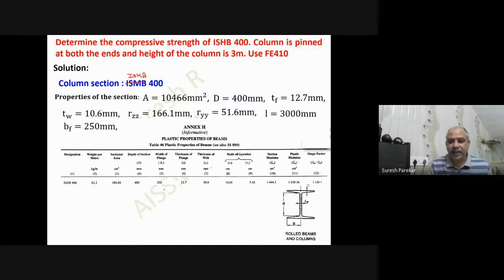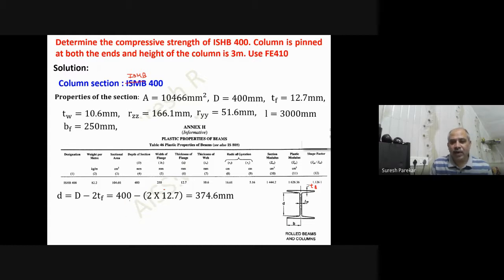Now you can see, to classify the section for effective area, we have to use table 2, and these diagrams are given on page number 19. So we have to use these values: D of the web, TW, then TF, and B. So we are going to find small d, which is equal to D minus 2tf.